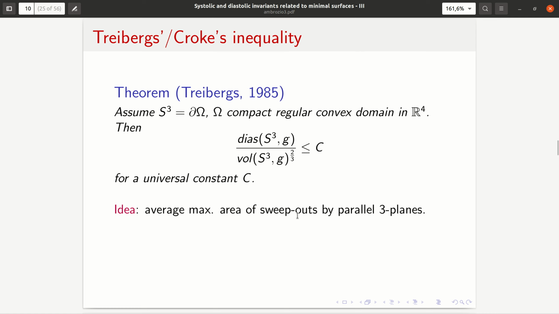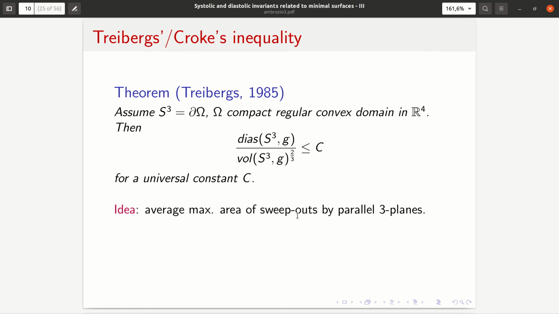Treibergs' argument was very nice, actually. How did he find this upper bound? Well, he used the definition, actually.